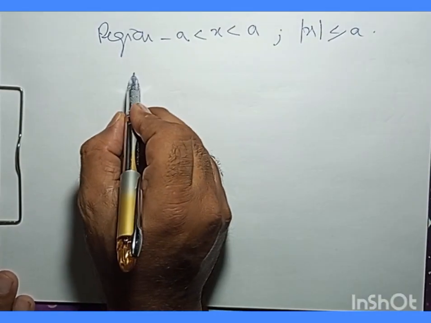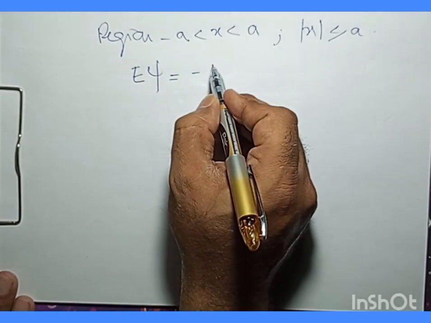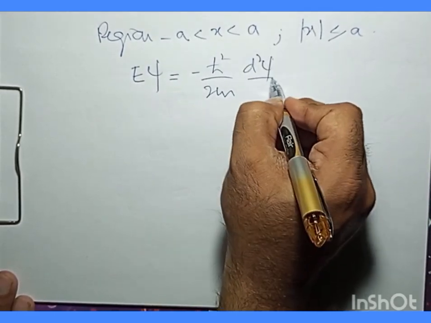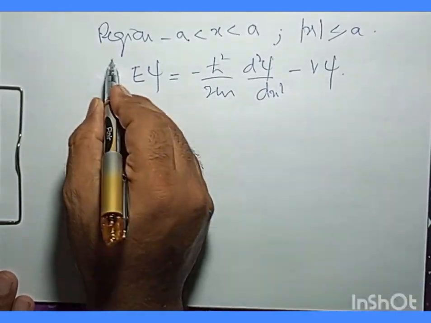In this case we have the Schrödinger's equation, that is E psi equals minus h cross square by 2m d2 psi by dx2 minus V psi.